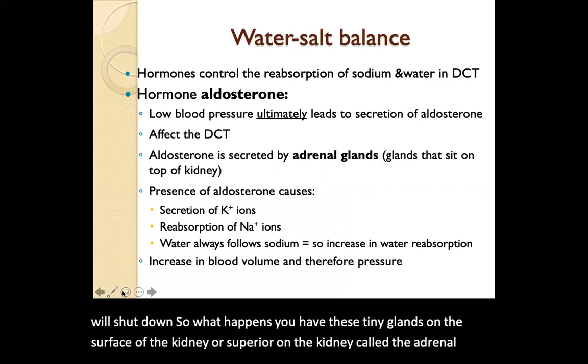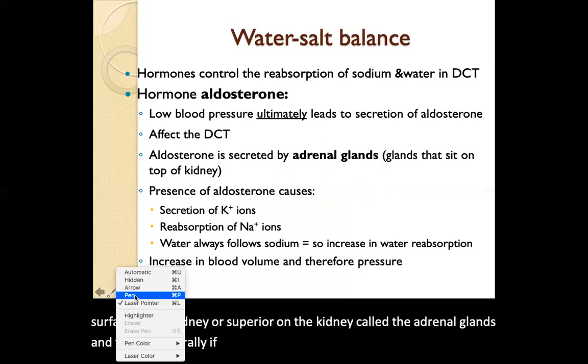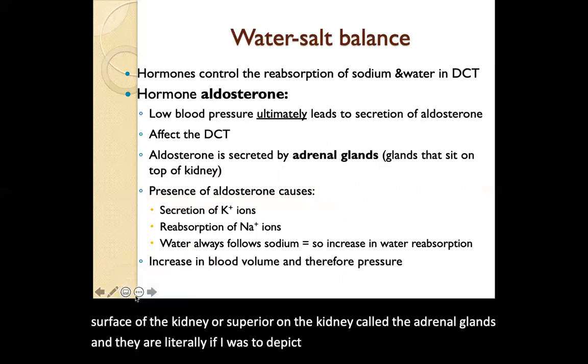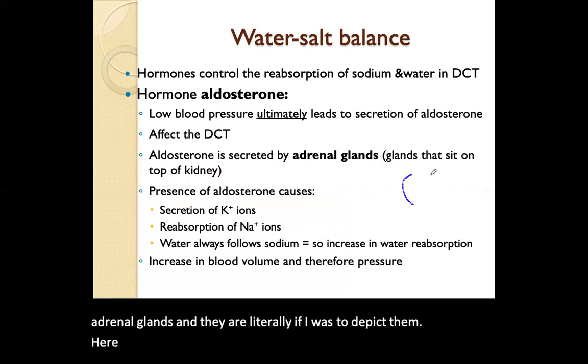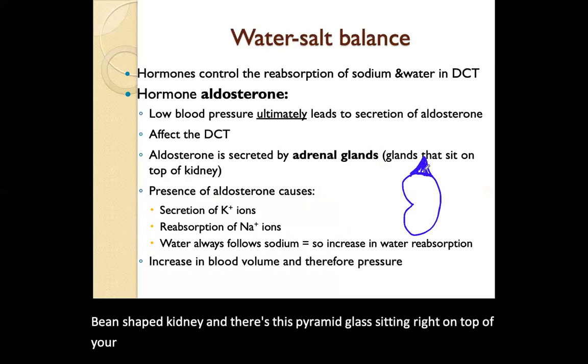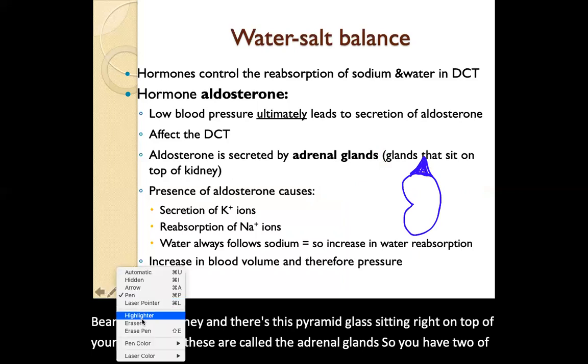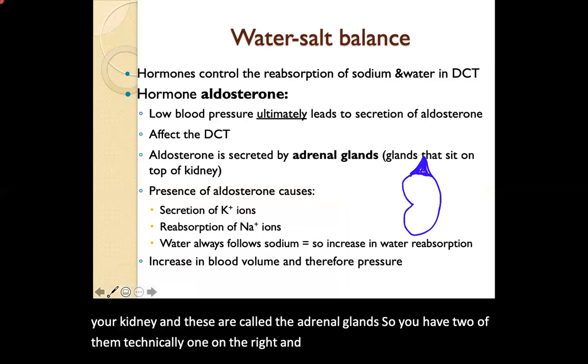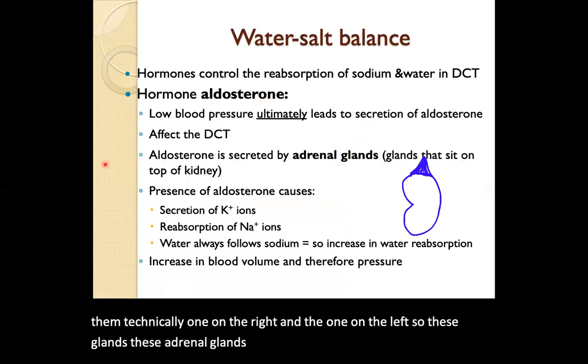If I was to depict them, here is your kidney, the bean-shaped kidney, and there is this pyramid gland sitting right on top of your kidney, and these are called the adrenal glands. You have two of them technically, one on the right and one on the left. So these adrenal glands release a hormone called aldosterone.